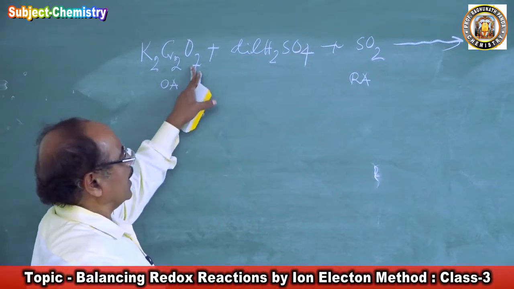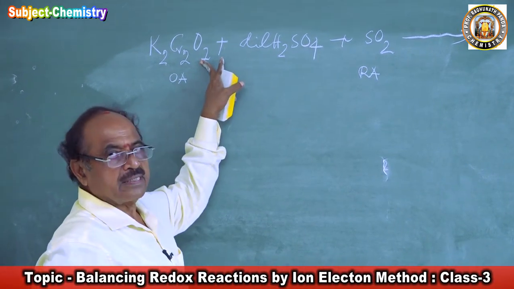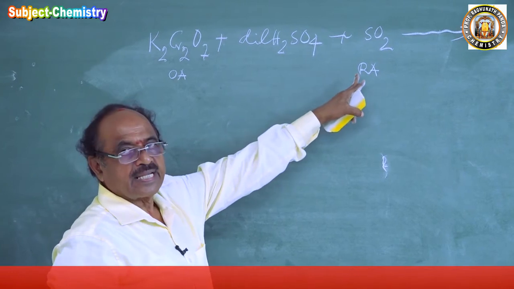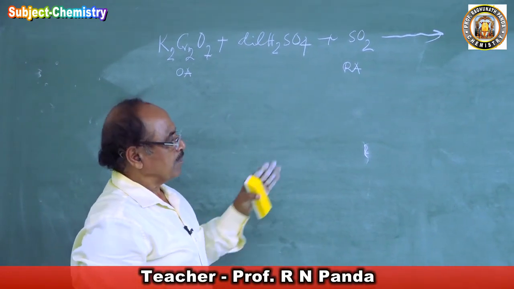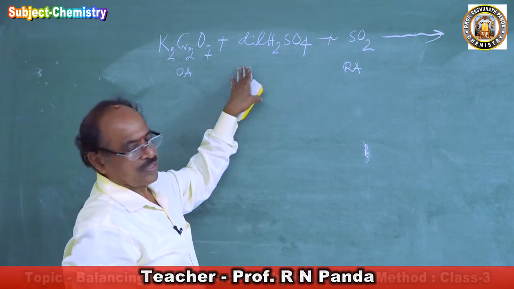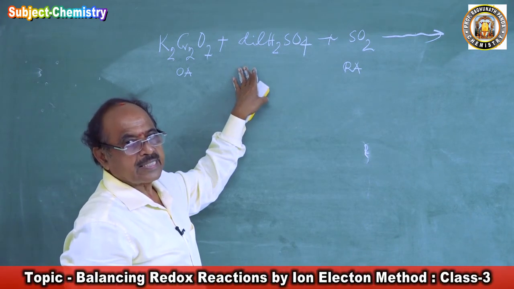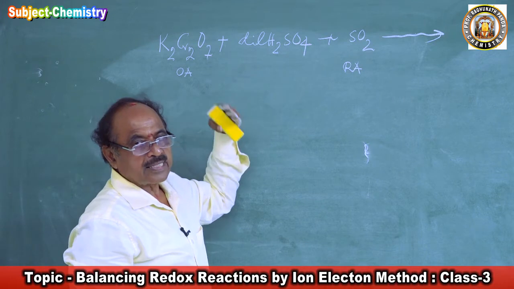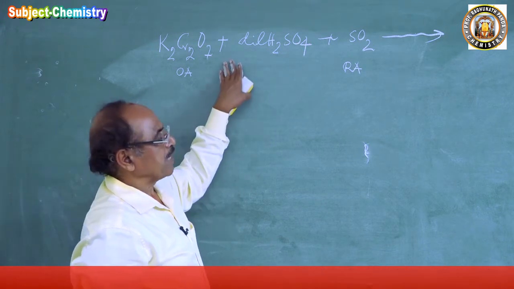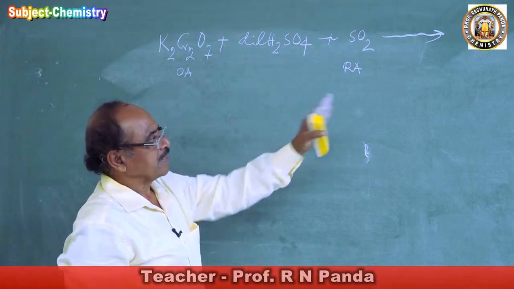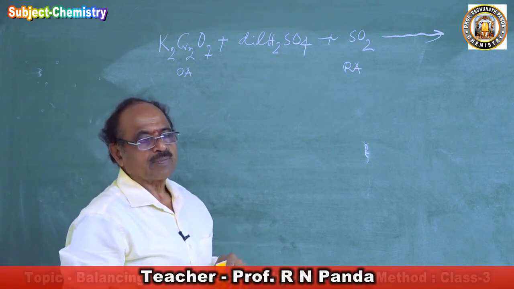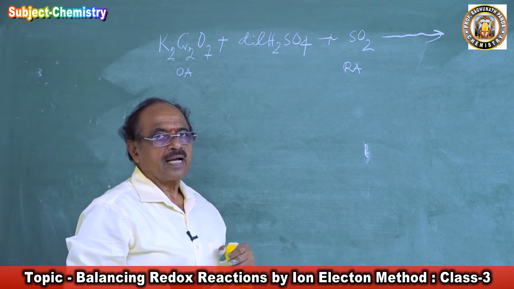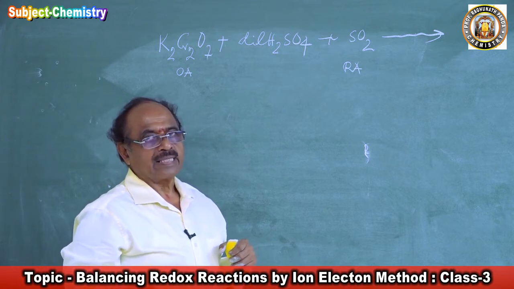For this we will write the half reactions, balance them and then add them. Let me first write the partial equation method, only to recapitulate your concept of how potassium dichromate reacts, balance it, then I will come to the ionic electron method, so you will feel free to do it by ionic form.